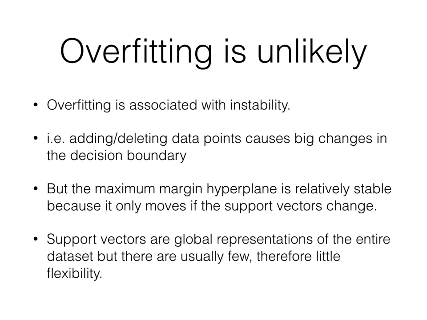So if there are only a few support vectors, it doesn't have a huge component caused by the variance. We can think of the support vectors as global representations of the entire data set, but the fact that there are relatively few means it's not as flexible a learning algorithm, which is good in this case.